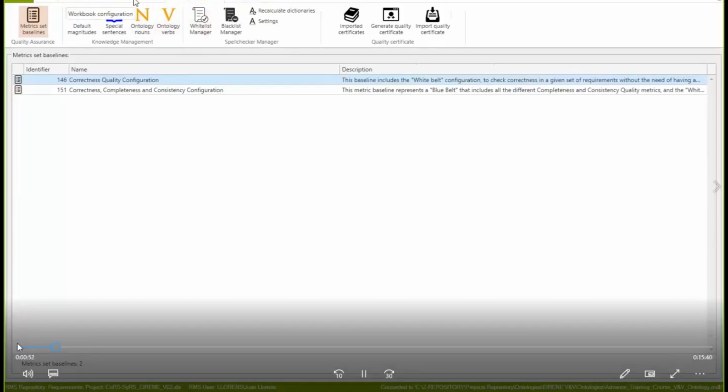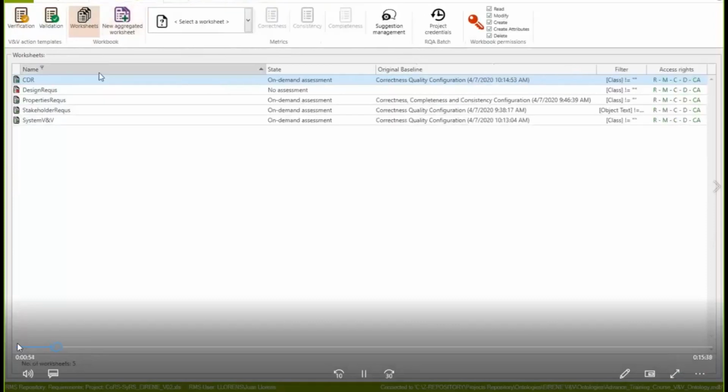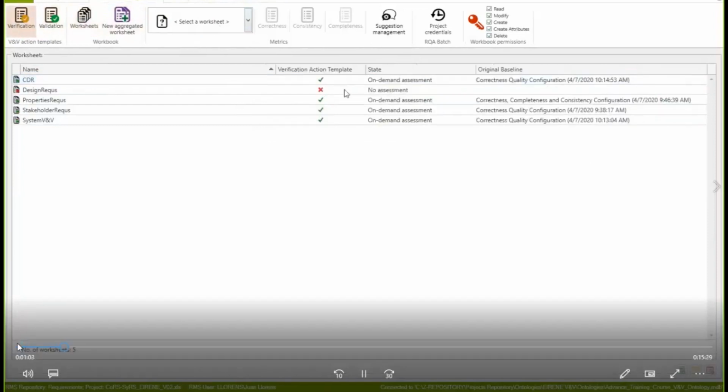For quality, it's the same as RQA. I'm just putting this here for you to remember. If you remember that, you can assign quality values, and these quality issues are defined as usual using metrics. Okay. So here in the verification part of the configuration, you can assign verification action templates or validation action templates.